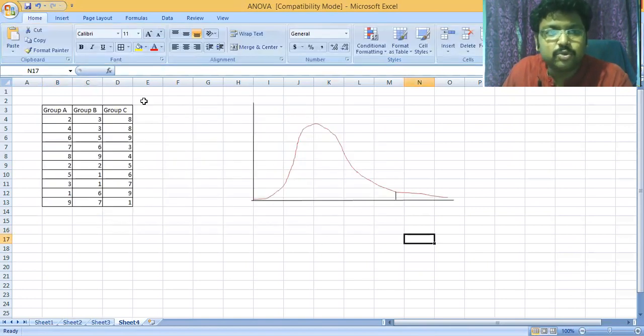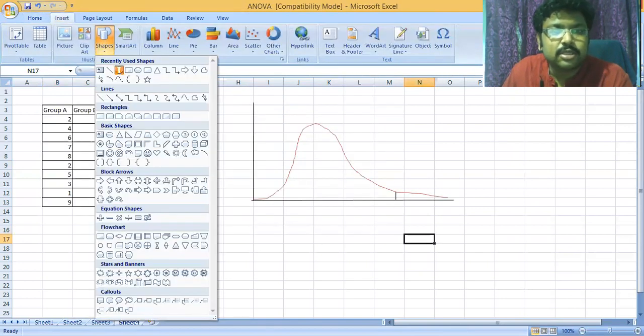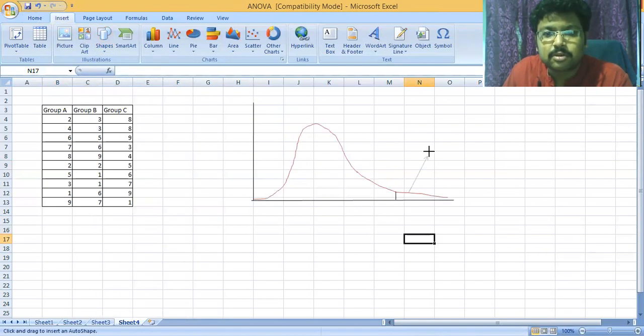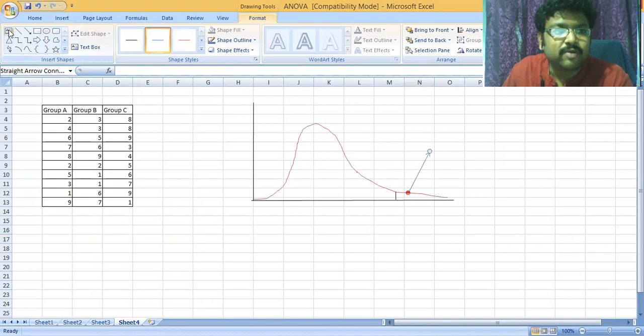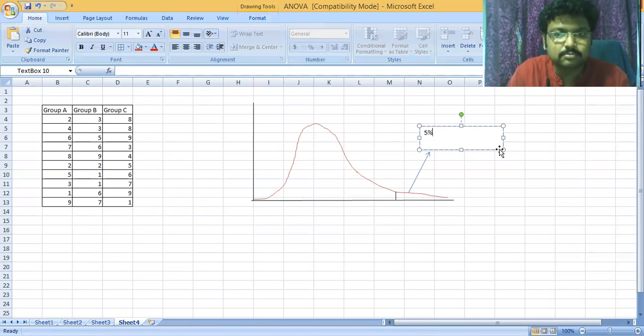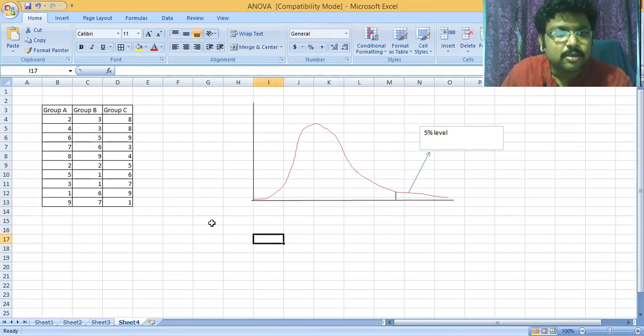We are considering the 5% level. If our calculated F value is in this region, then we reject the null hypothesis. And if our calculated F value is less than our table value, then we accept the null hypothesis.